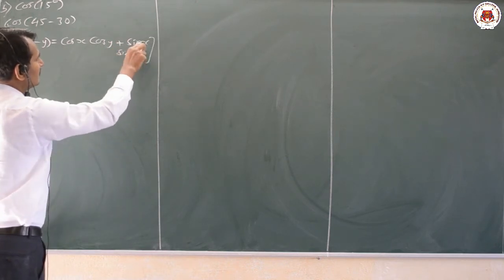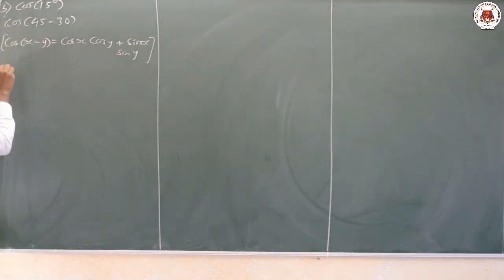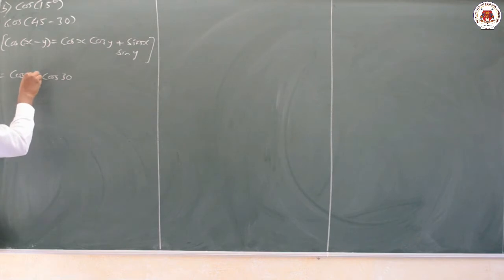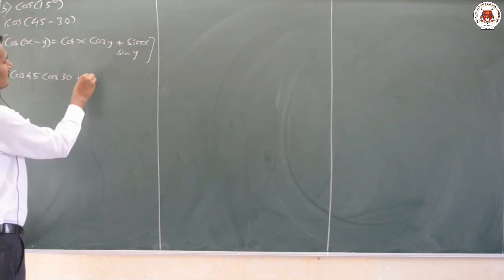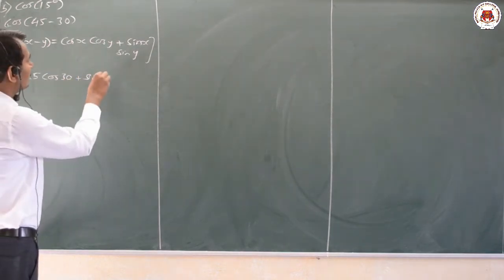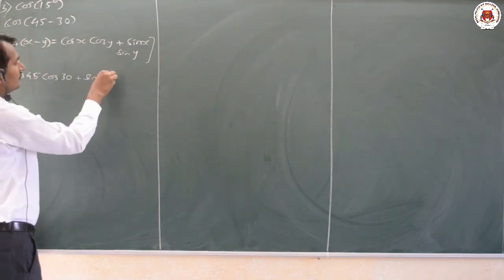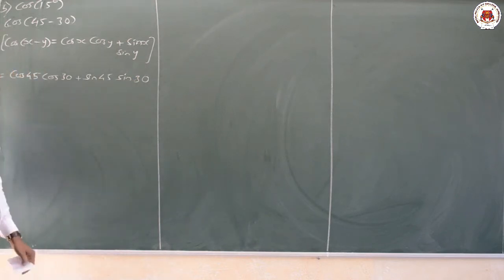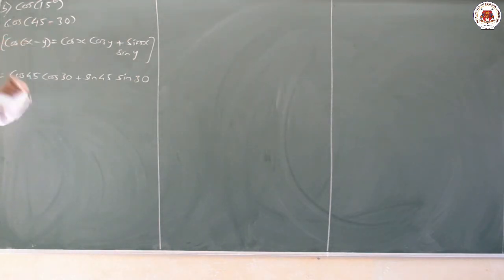Now what do we get for the value? Cos 45 cos 30 plus sin 45 sin 30 degrees, according to the formula. It is x and it is y here.